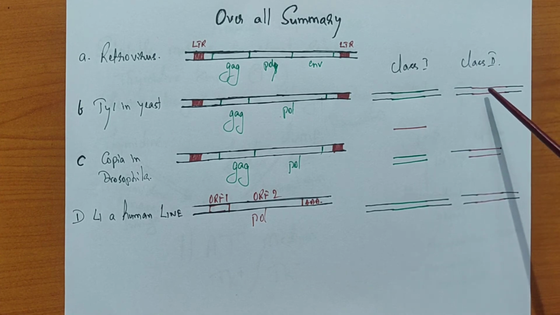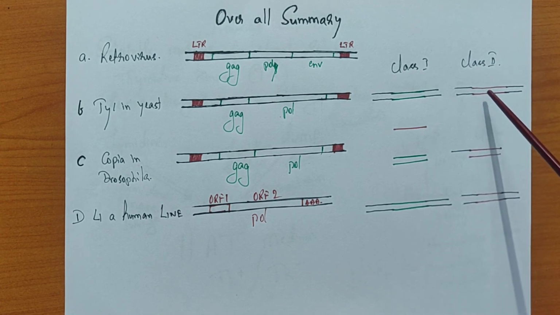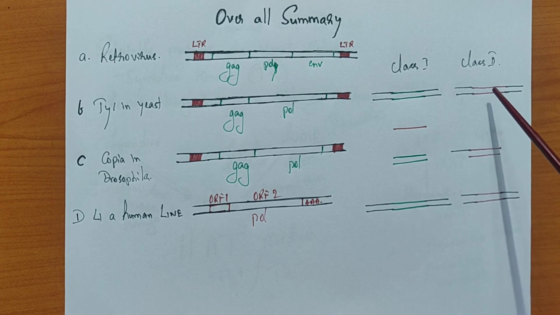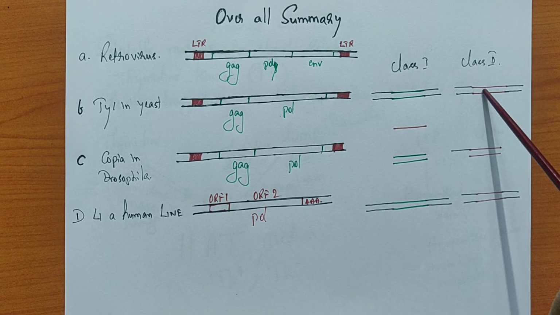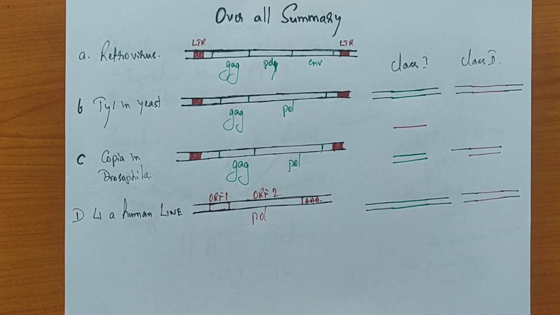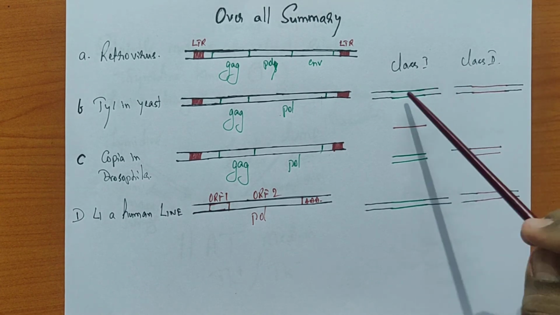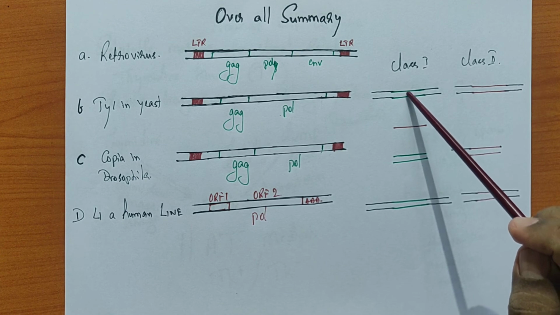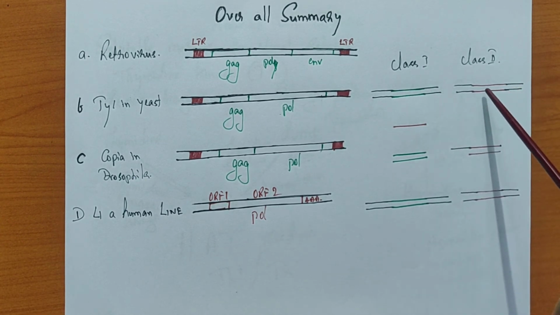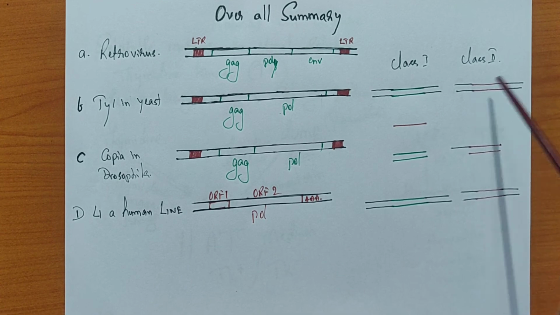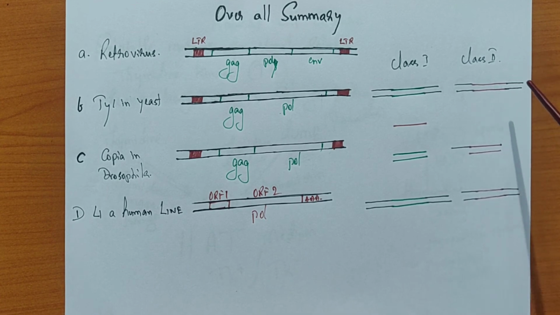This is typically what Barbara McClintock found as the jumping gene. So there is an element, and now this element is transposed into a different region. Here it is not multiplied but transposed. So multiplication is class 1, and transposing from one region to another is class 2.